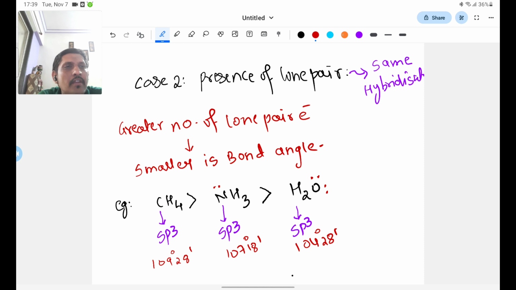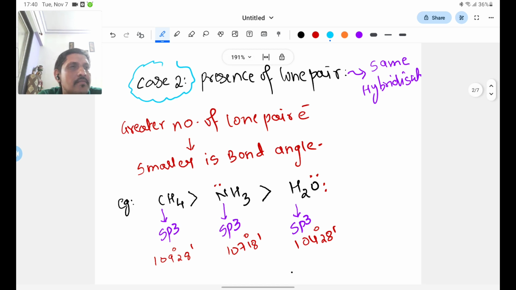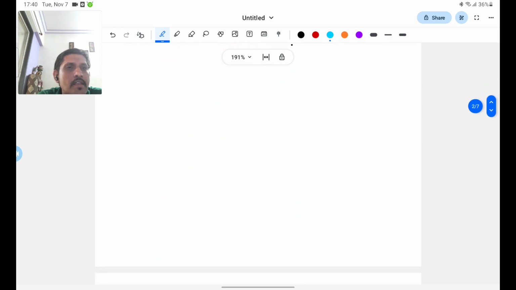So in this way we have done the two different cases. Case 1 by using the hybridization, and case 2 where the molecules have the same hybridization but we arrange the order by using the lone pair electrons. Now we'll go to another case, case number 3.